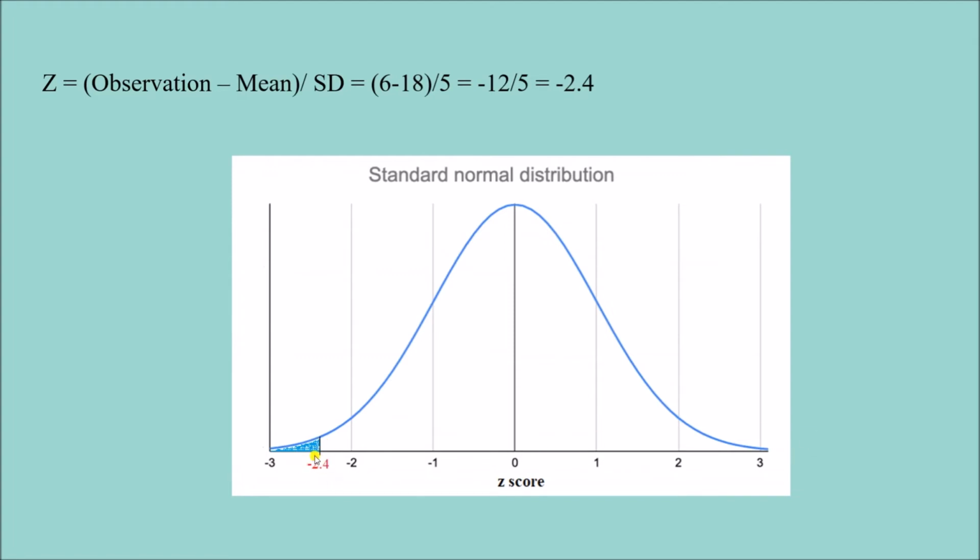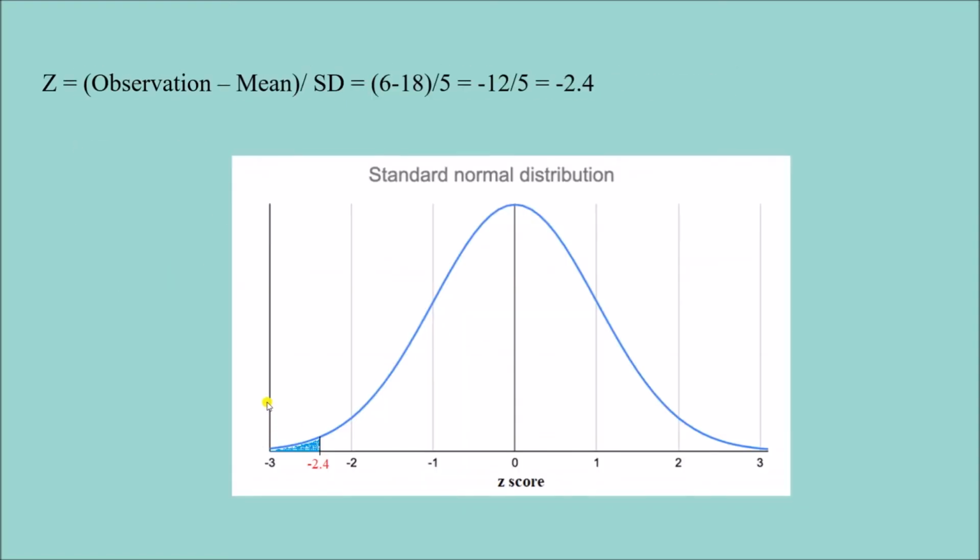This is basically the position of the score 6, because the z value of score 6 is minus 2.4. We need to know how many people have score less than 6. So this area of the curve on the left hand side of minus 2.4 z score is the people who had score of 6 or less than 6. That is our question.